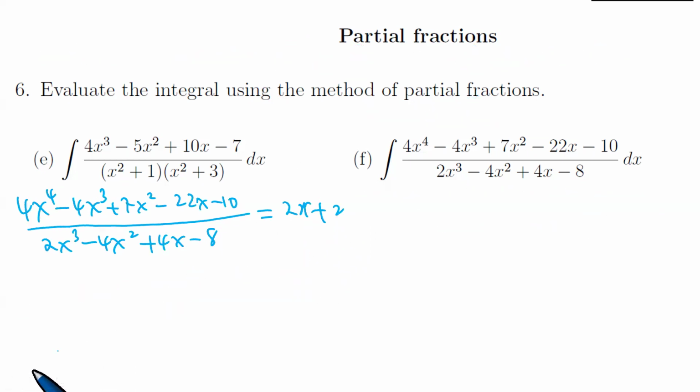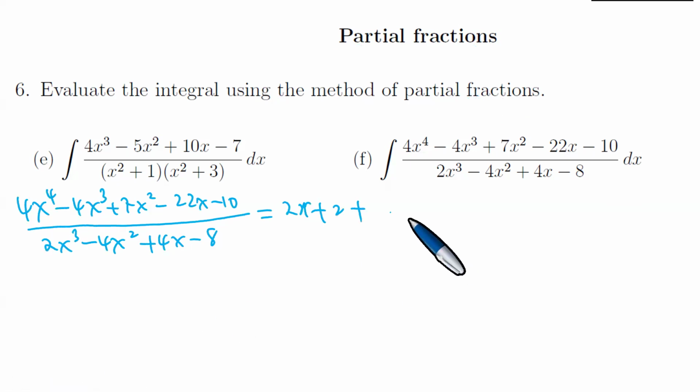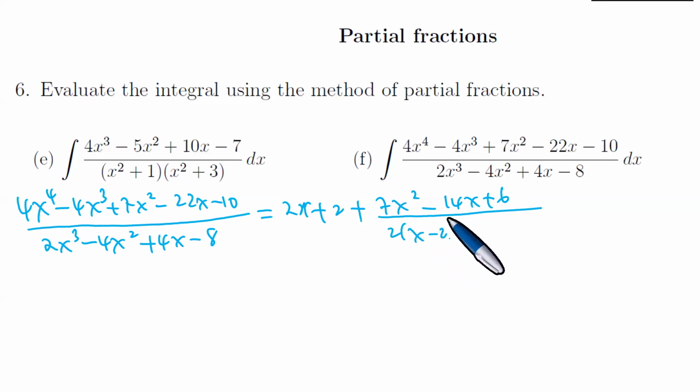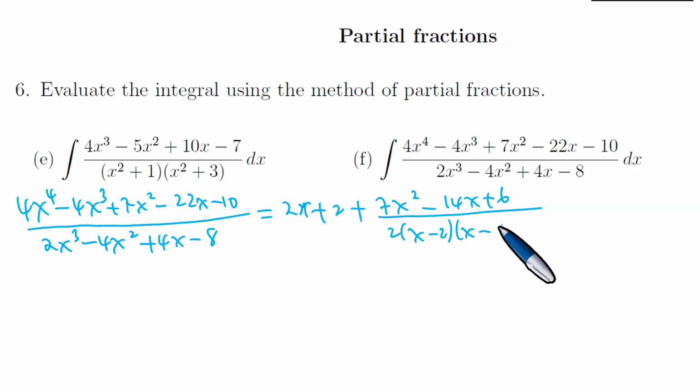So now, at this point, you have the 7x squared minus 14x plus 6, which is 2 into x minus 2, x minus the square root of 2, and x plus the square root of 2.